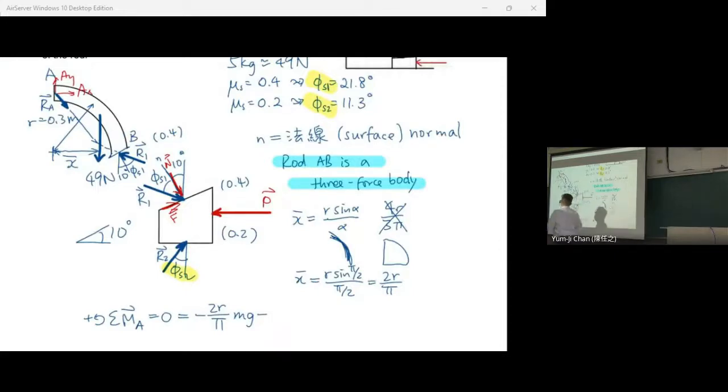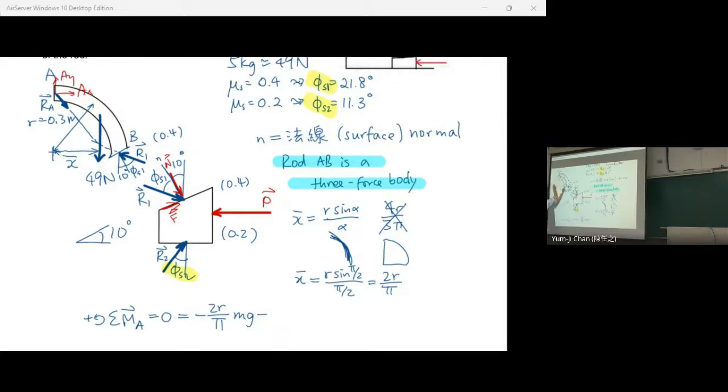The goal is to determine P, so we need R1 and R2 to determine P, and we need to determine R1 here. And this is known, and this is not important.